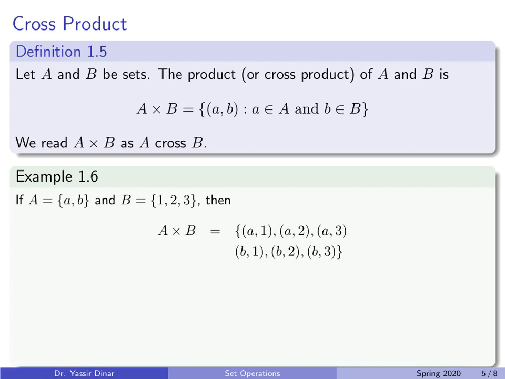So it will be the elements (a,1), (a,2), (a,3), (b,1), (b,2), and (b,3). The first coordinate is in A and the second coordinate is always in B. This gives me 6 elements. While B times A, or B cross A, means that the first element has to be from B and the second coordinate is in A, and this gives me a different set of elements. When I list them, I find that I also have 6 elements.